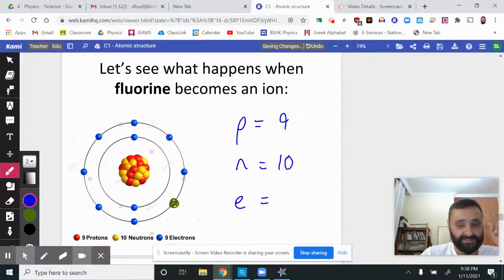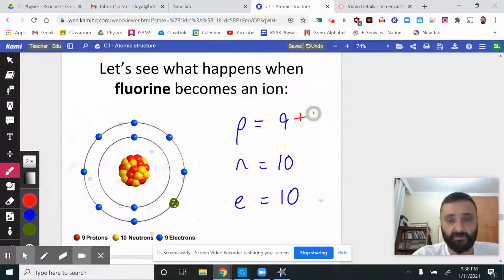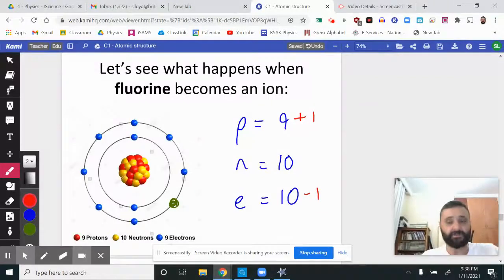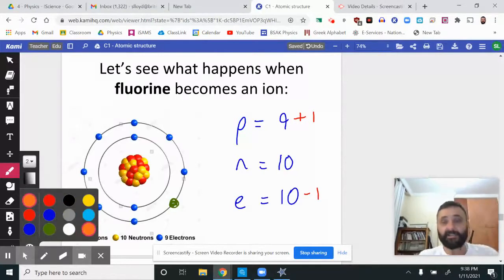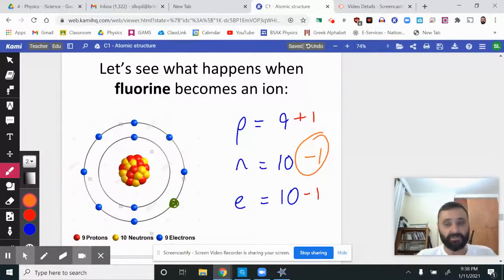But the electrons, it did have 9. It's gained 1. It's now got 10. So what's the charge? We've got 9 lots of +1. We've got 10 lots of -1. So the overall charge is minus 1, because plus 9 minus 10 is minus 1.